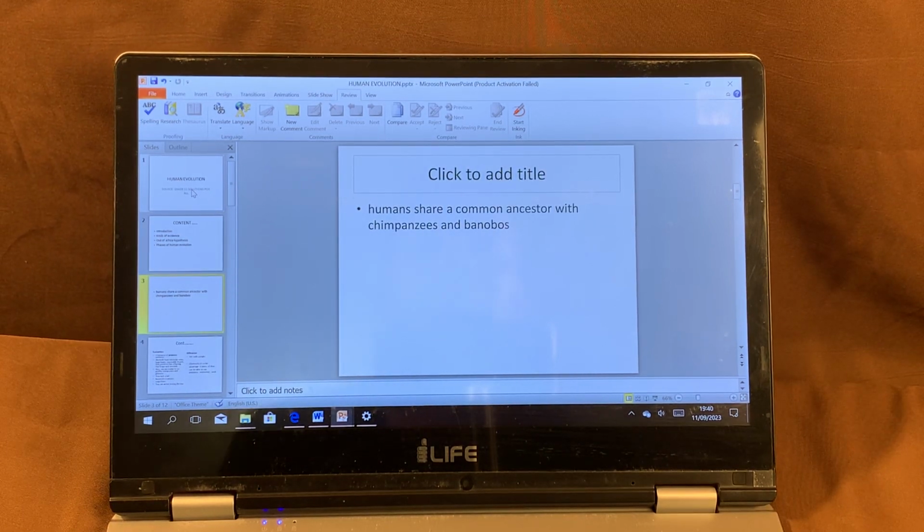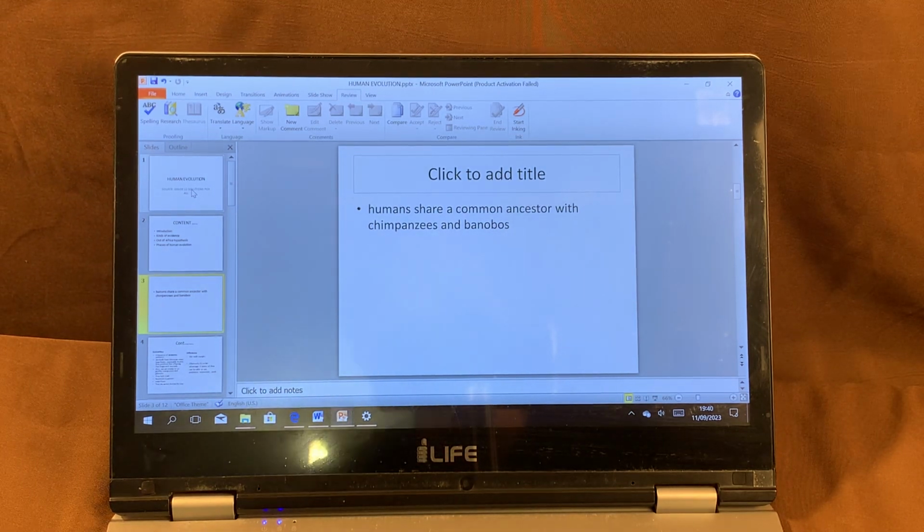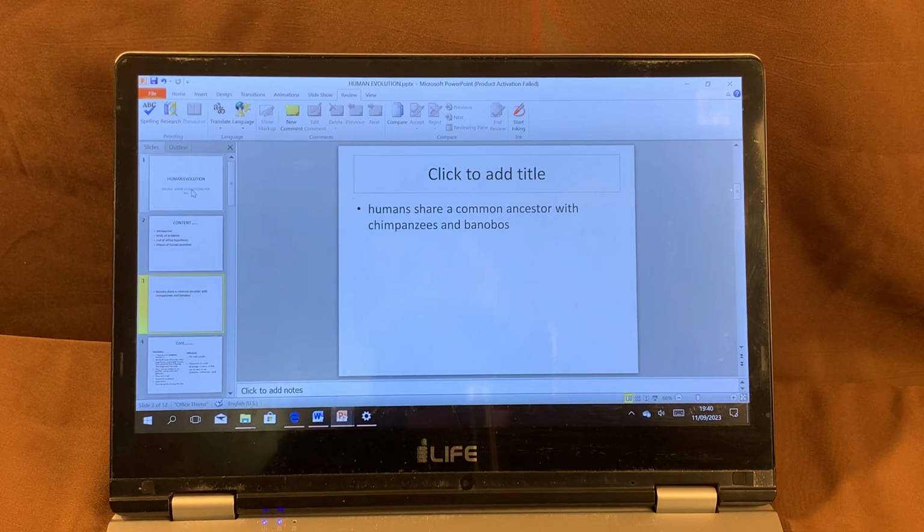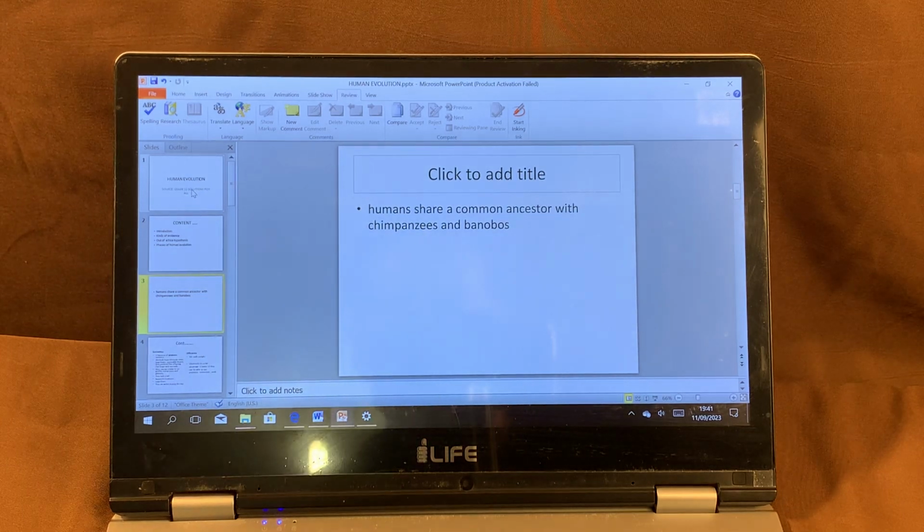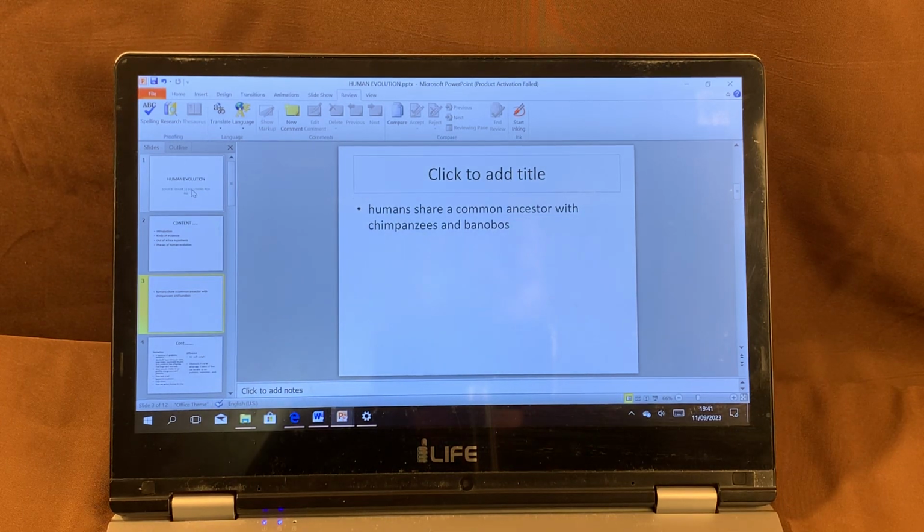Scientists believe that humans share a common ancestor with chimpanzees and the bonobos, okay? In simpler terms, we are saying that humans, chimpanzees, and the bonobos share a mother. It's the same way as you and your siblings, your sisters and your brothers, share a mother.